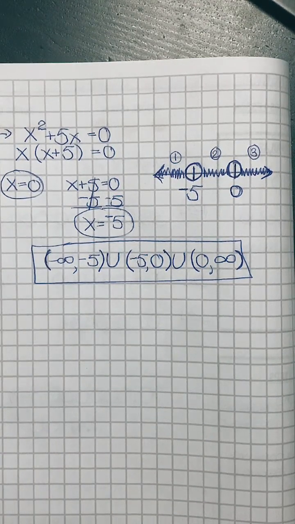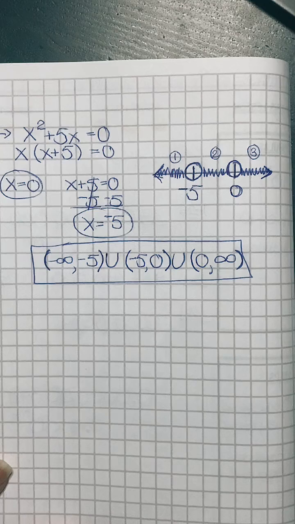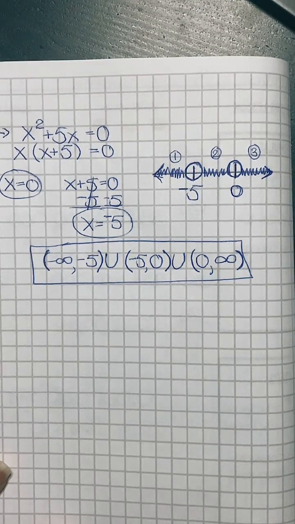Okay. How did you get x is 5? So it's not x is going to be 5, it's going to be -5.